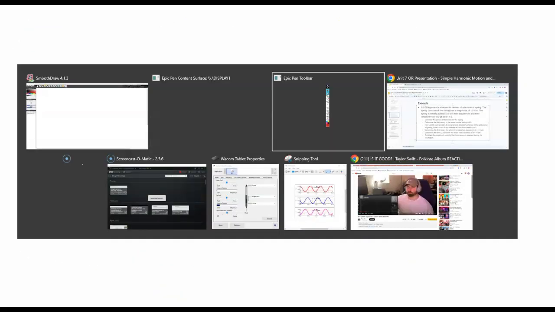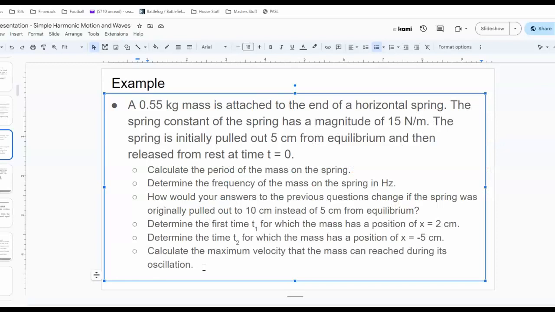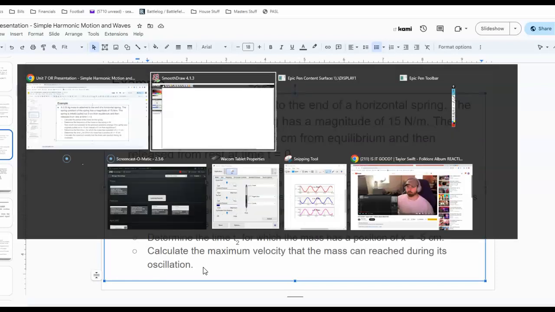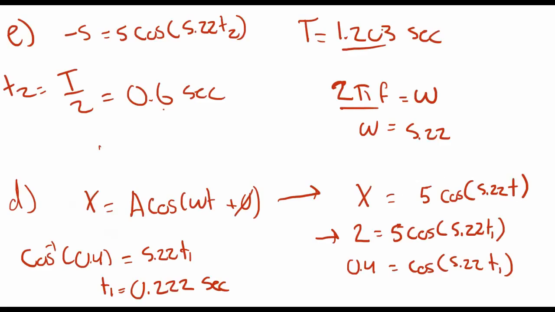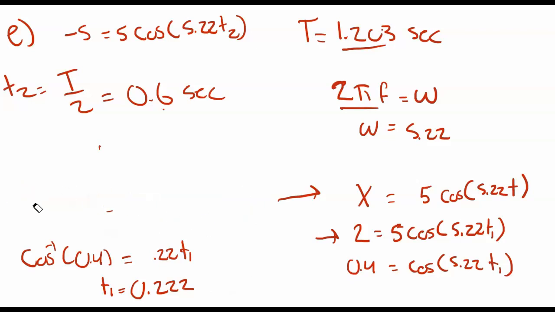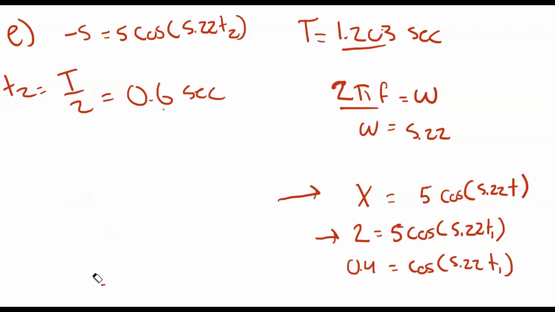For the last question, which is F, it says calculate the maximum velocity that the mass can reach during the oscillation. Just to remind everybody, for an object in simple harmonic motion, V max is equal to A times omega.